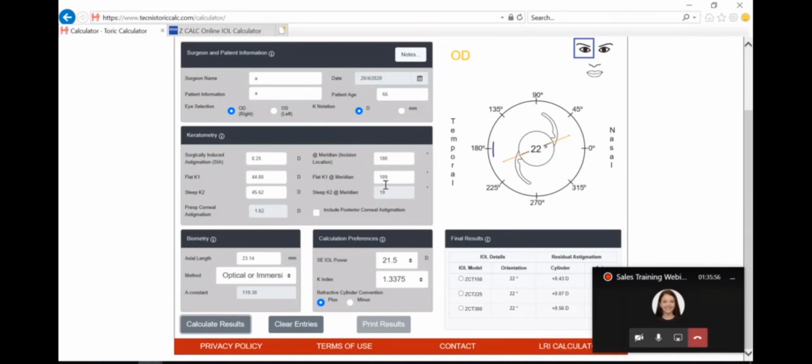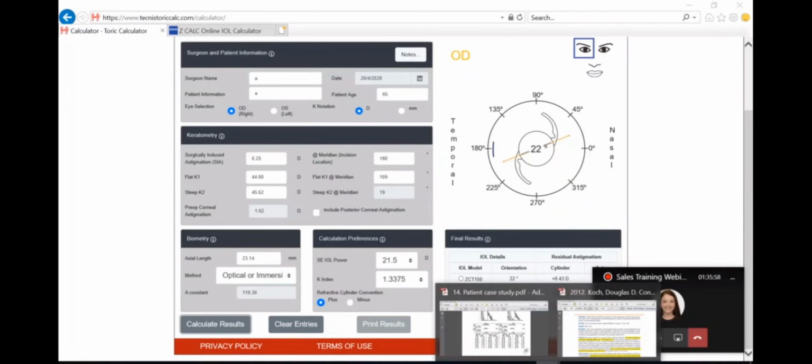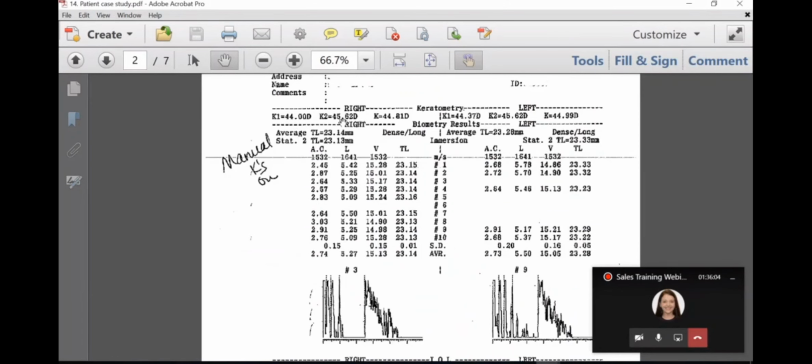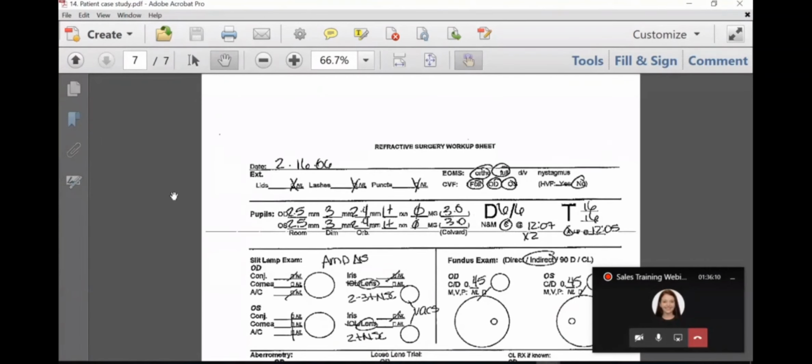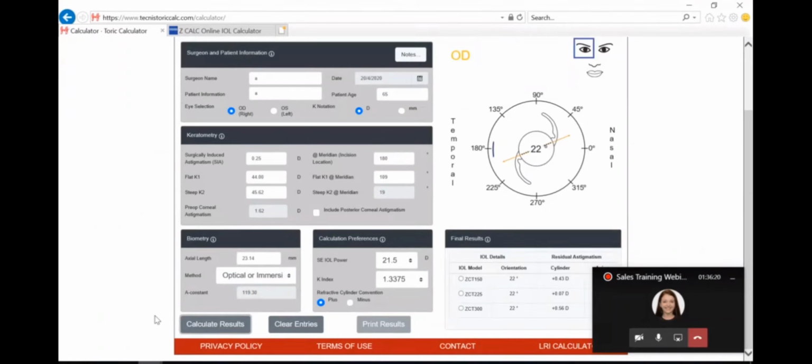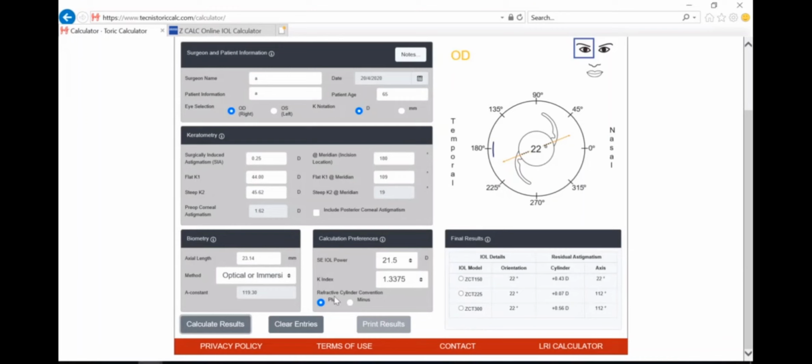Steep K reading is the higher value. And remember to put in the axis. So how do I get the numbers here? Basically I took the flat K and steep K, and the axis was represented at the back of the K sheet. The steep K, 45.62, is at 19 degrees, so I put in 19 degrees here for the steep K. And the flat K is opposite of that, 109. Okay, and then this is the calculation that is derived.